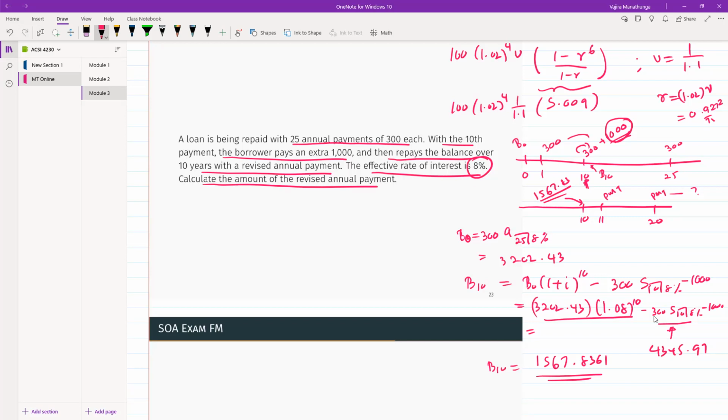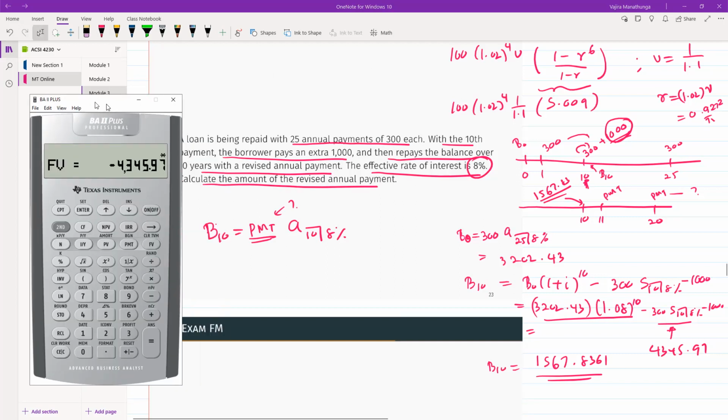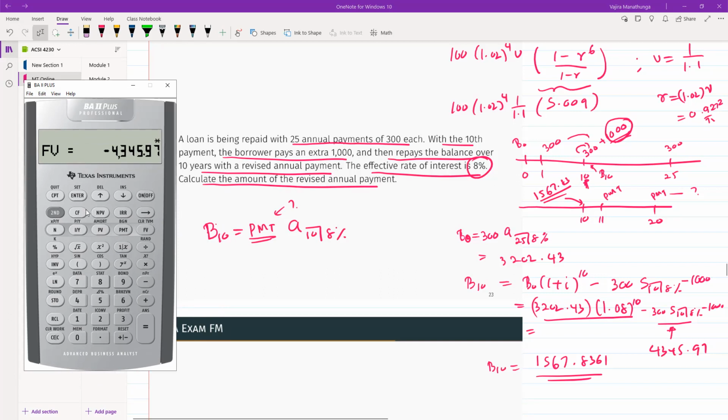So let's calculate the new payment size. So B10 equal new payment size, we don't know. And we are going to make it within 10 payment under the rate 8%. So we don't know the payment size. So let's use our calculator again. So let me reset calculator. So what's the current balance?